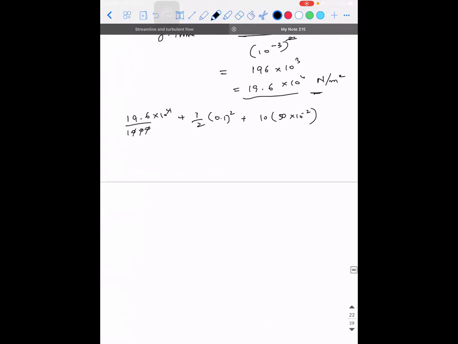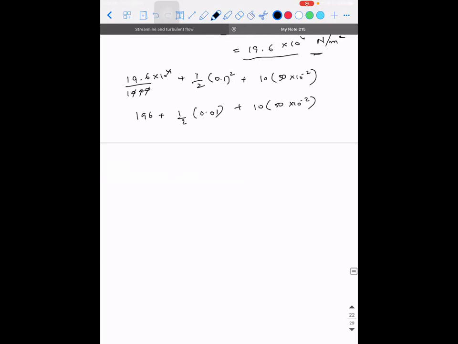So 196 plus half into 0.01 plus 10 into 50 into 10 power minus 2, that is 5. So this will be 0.005. 196 plus 5 is 201, plus 0.005. So it is 201.005.